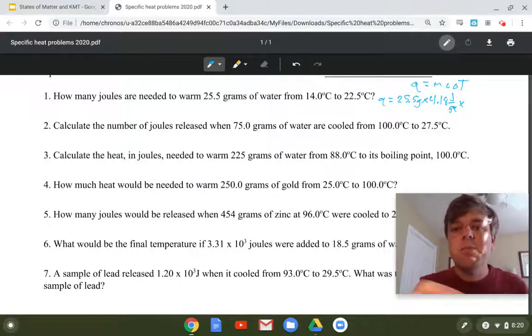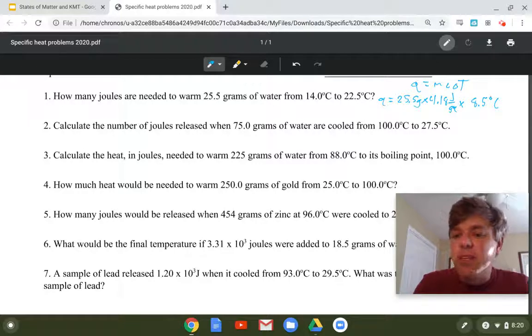And our change in temperature, if we go from 14 to 22.5 degrees Celsius, is a change of 8.5 degrees Celsius.